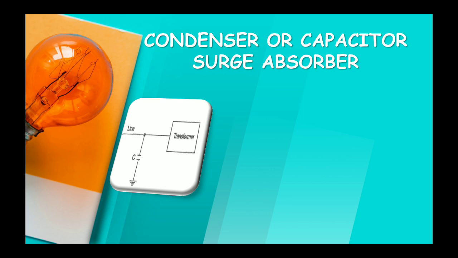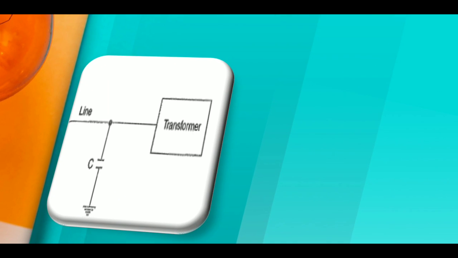Here we can see the circuit diagram, or connection diagram, of the condenser or capacitor surge absorber. You can see here a transformer, and the transmission line is connected to the transformer, and there is a parallel connected capacitor, and it is earthed. With the help of the capacitive reactance, the steepness of the wavefront can be reduced.